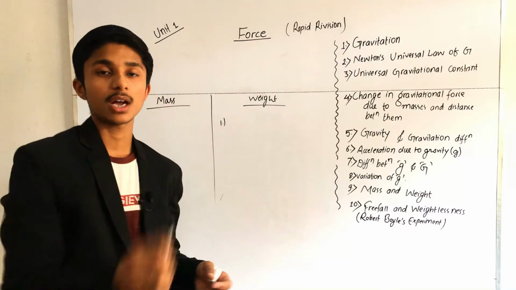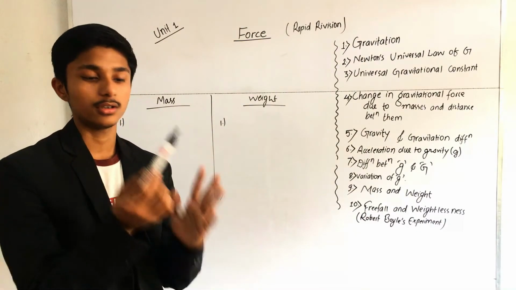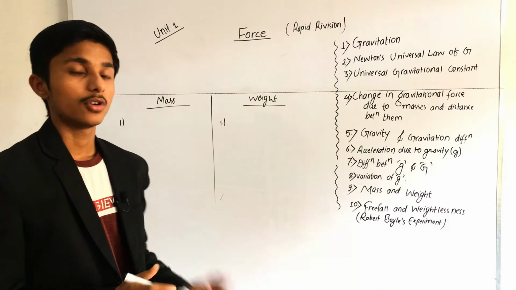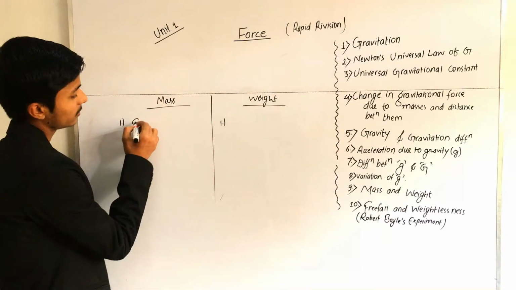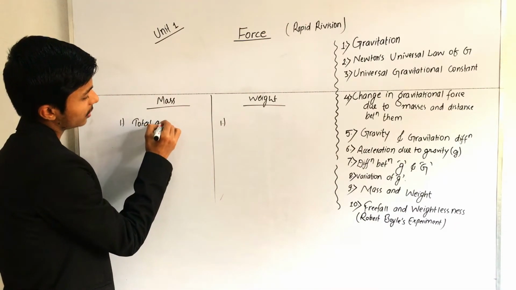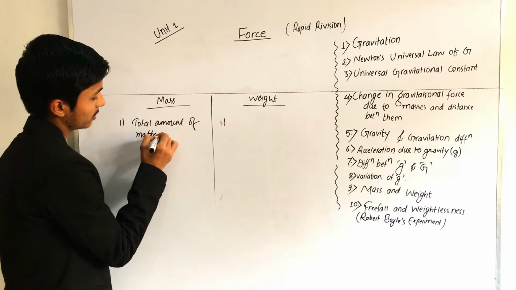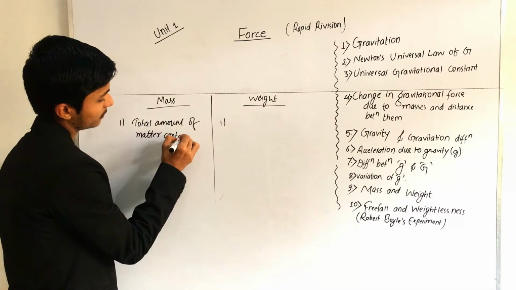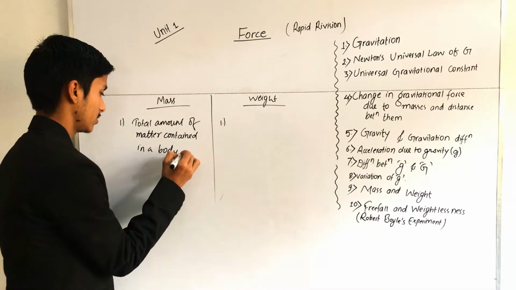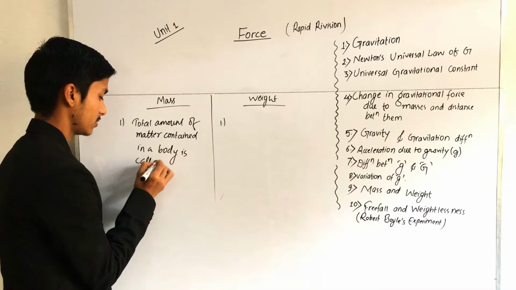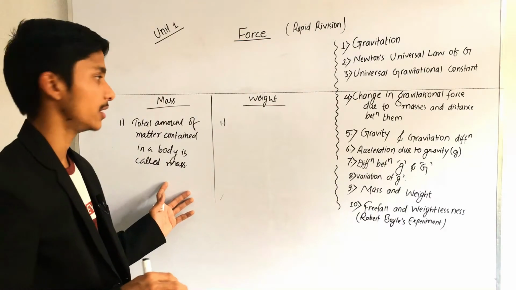Suppose mass of this marker is 10 gram, then sum of these atoms in this marker is 10 gram. So we can write total amount of matter contained in a body is called mass of that body.